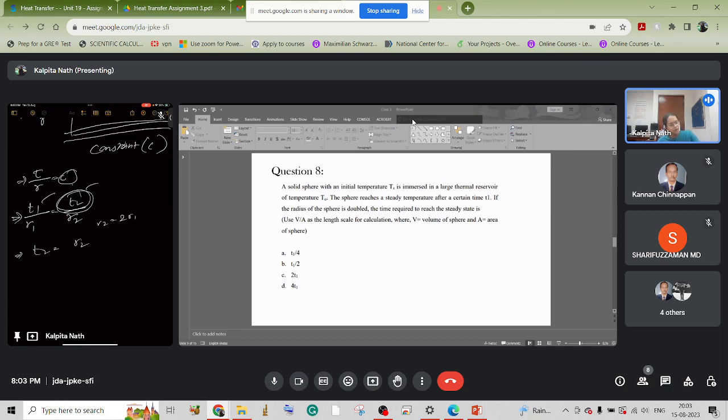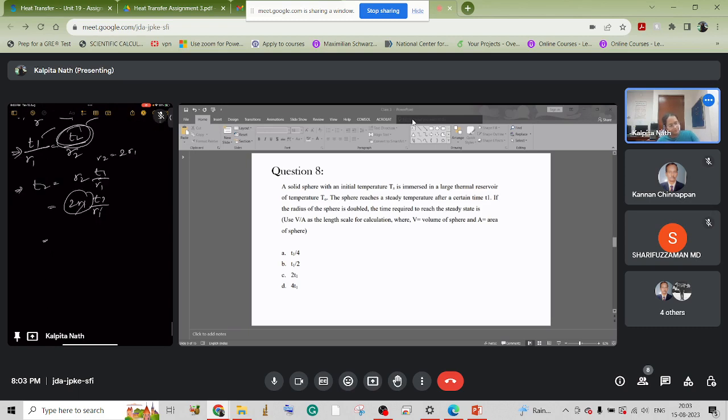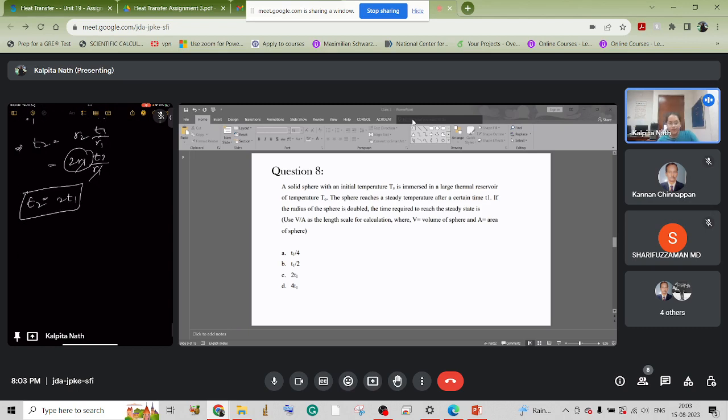So t2 is R2 t1 upon R1, so t2 is twice of R1 into t1 upon R1. This is already given. So this is 2 t1, that is t2 is twice of t1. That is, the time now required will be twice of the initial time that was required. So this is option C. Correct.